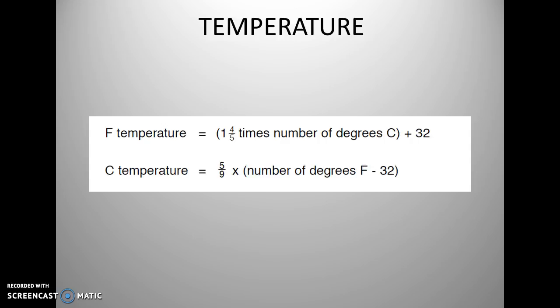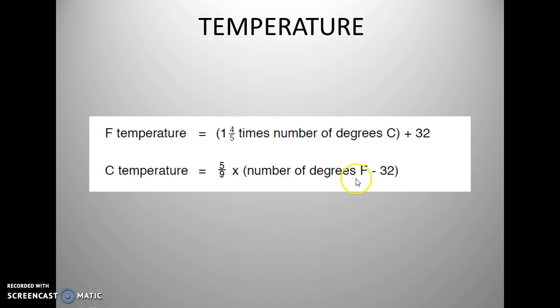Celsius temperature is equal to 5/9 times the number of degrees Fahrenheit, minus 32. Let's take a quick look at this as an example.